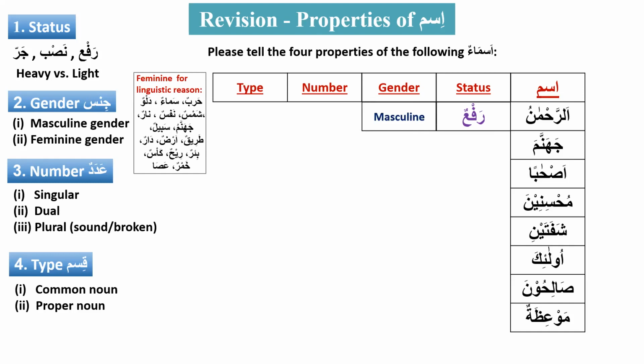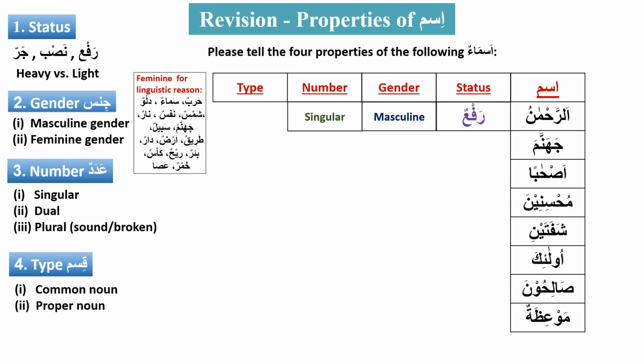Go ahead. Okay, number is singular. Yeah, there is no reason to call it dual. It is not ani, it is anu, right? It could be ani too. Go ahead. This would be a common noun. A common noun, huh? Okay.